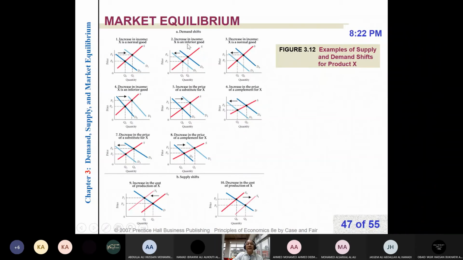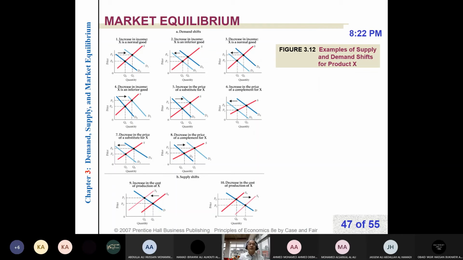Another case. This dot between the dark blue demand curve and the supply curve refers to the initial equilibrium point. The equilibrium price P0, the equilibrium quantity Q0. What happened? Income increases, but the product is inferior. If income increases and the product is inferior, demand will decrease.